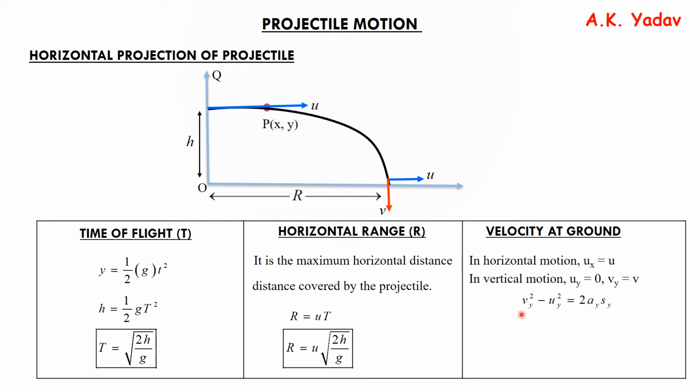Now, we use the third equation of motion, which is v square minus u square is equal to 2as, and we have used the equation for the vertical motion. On putting all the values, we get v is equal to under root of 2gh. So the velocity at the ground, we call this v dash, represented by the black arrow, is equal to under root of v square plus u square.